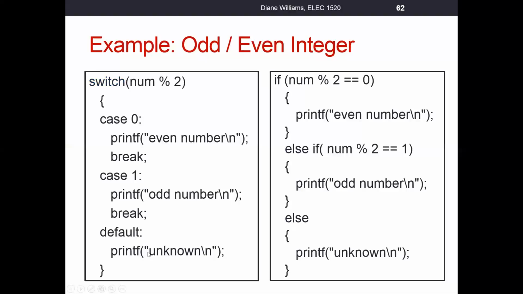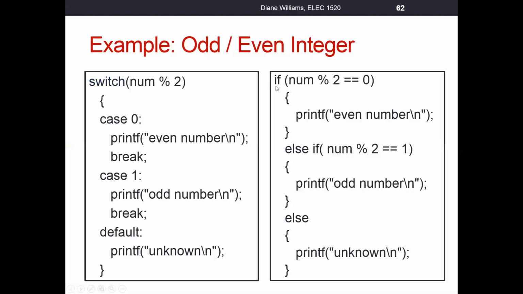If the code ever gets here, we need to evaluate why, what error conditions made that happen. Notice, with the default section being at the end, you can place default at the beginning or in other places, but typically we always place it at the end. In this case, we don't need the break statement because this is the end of the switch, so our program control flow will just go on.